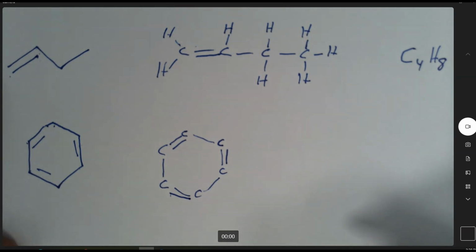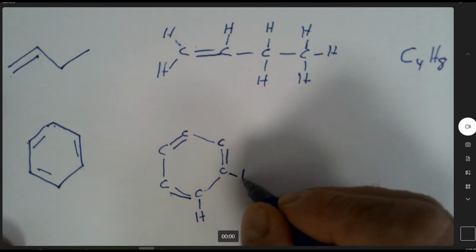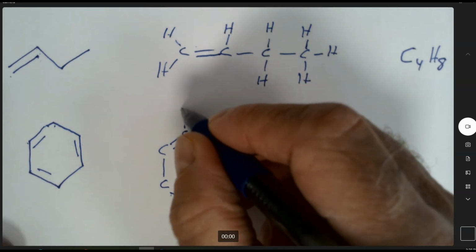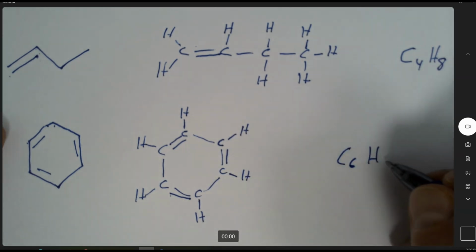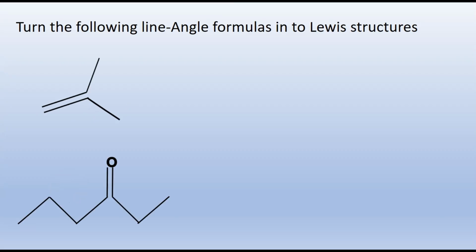Presently, each carbon has 3 bonds, and so when we put in the hydrogens, that's going to give every carbon 4 bonds. And now we have successfully turned the line angle formula into a Lewis structure. So I see 6 carbons and 6 hydrogens. I think there's one more example.